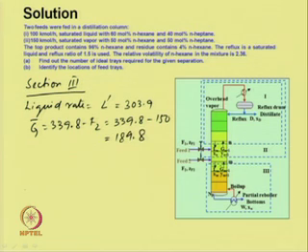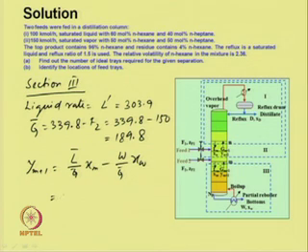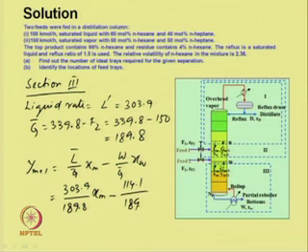189.8. So, we can write y m plus 1 would be L bar by G bar x m minus W by G bar into x w, which is equal to 303.9 divided by 189.8 x m minus 114.1 divided by 189.8 into 0.04.